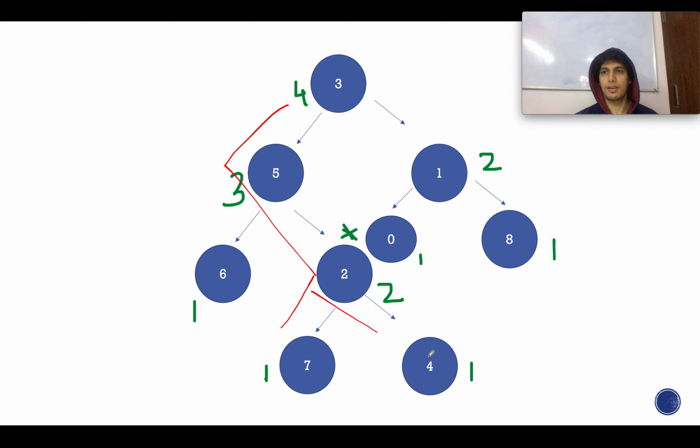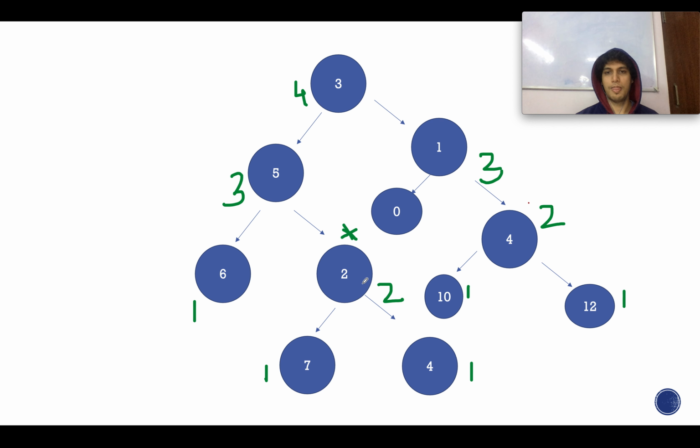The smallest subtree where the convergence happens is this node, the second node. The lowest common ancestor of the deepest nodes, which are 7 and 4, is 2. Makes sense.